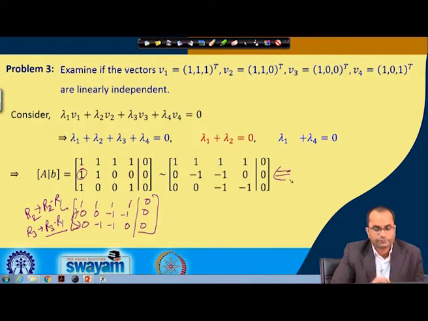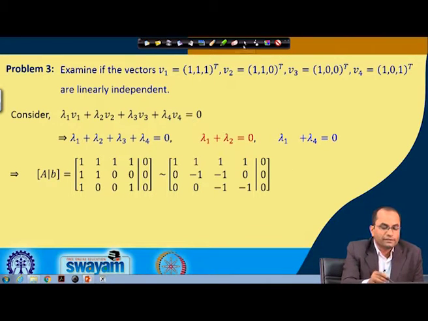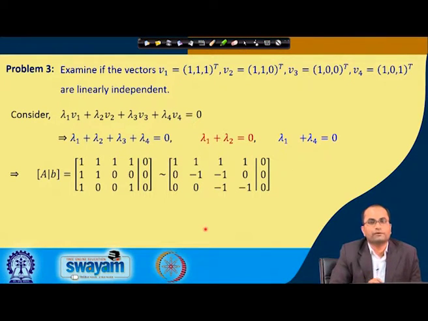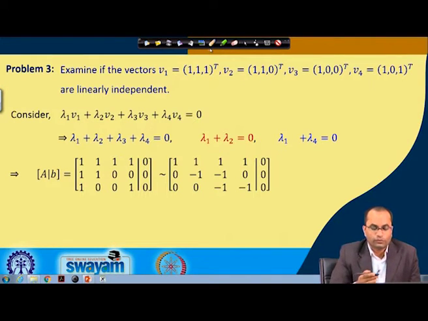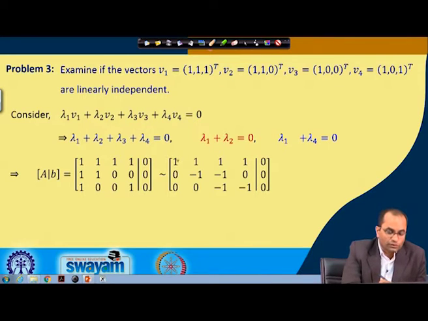Having this row reduced echelon form, we can now look into what kind of solutions we are getting. Looking at this, this is the pivot here.